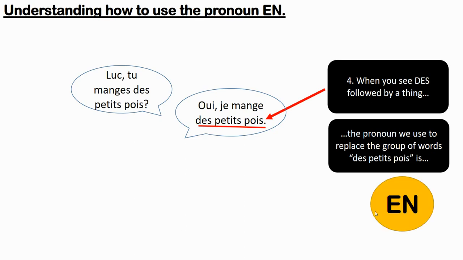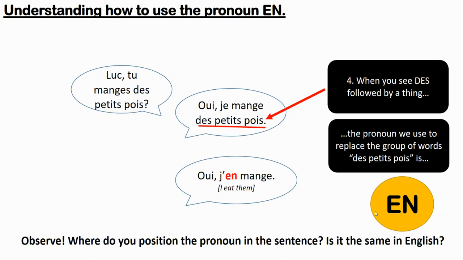And that's it. So your answer to the question, Luc, tu manges des petits pois, is oui, j'en mange. I eat them. And the position of the pronoun en is the same as the others. It's before your verb, which is different in English.